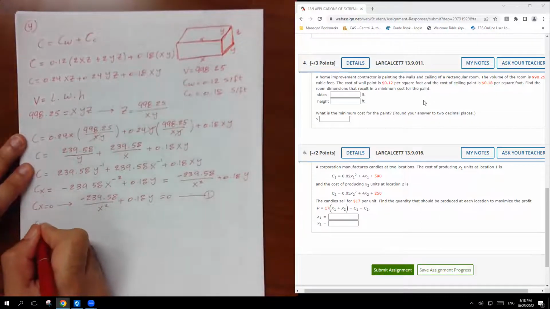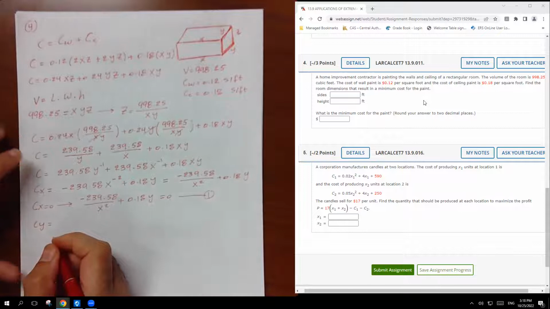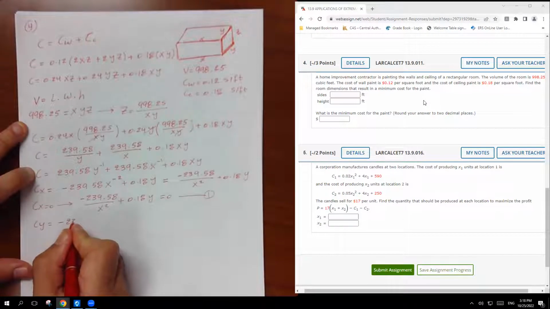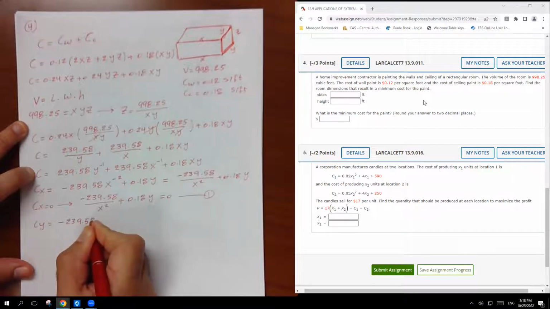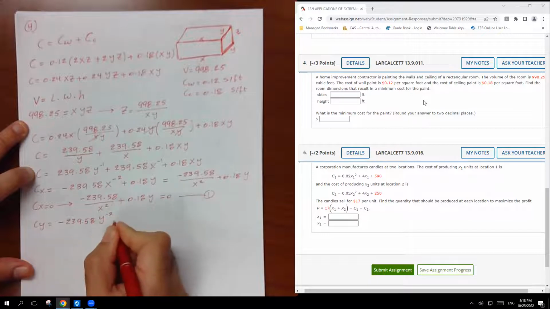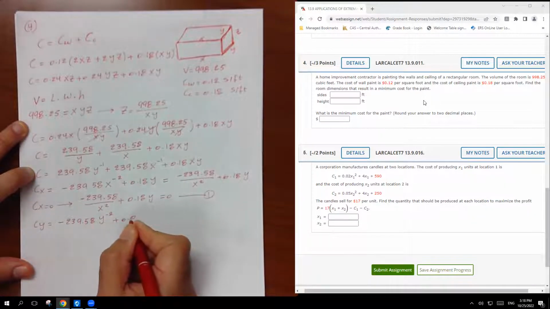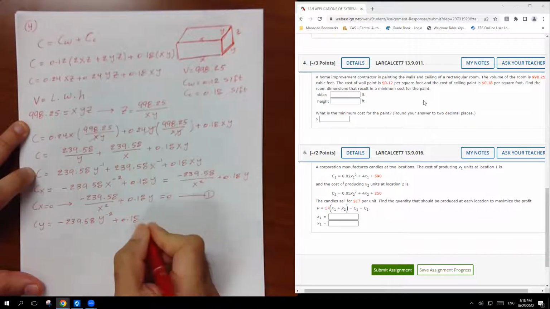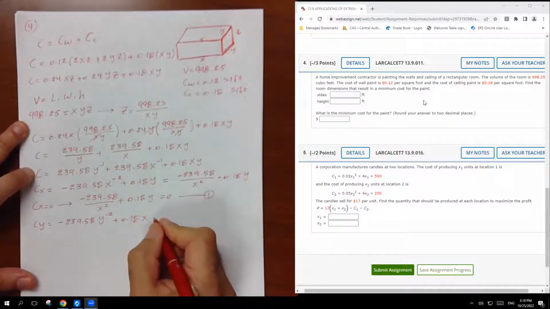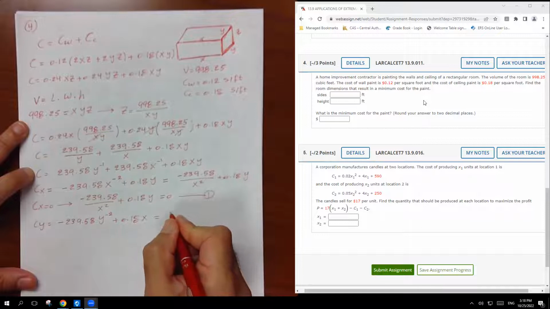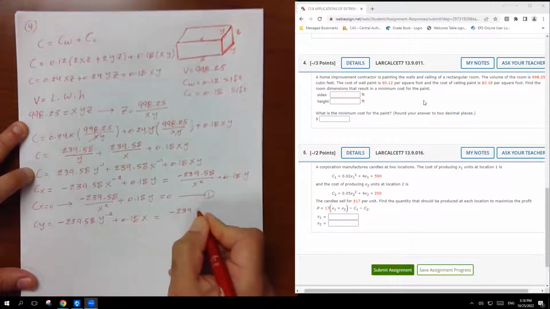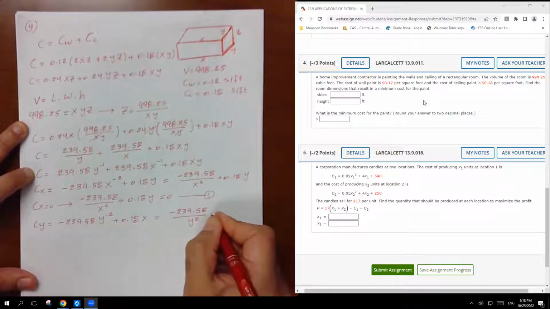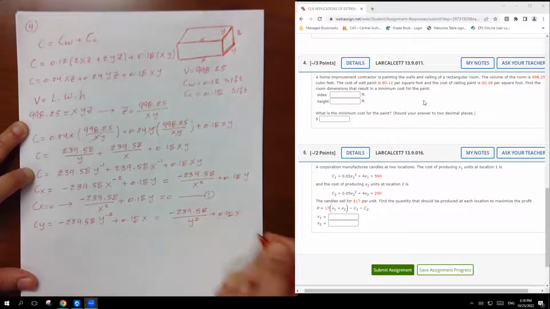C sub y is going to be, here is our function to the y, this one. So it's going to be negative 239.58 y to the negative 2 plus 0.18 x, which is going to be equal to negative 239.58 over y squared plus 0.18x.